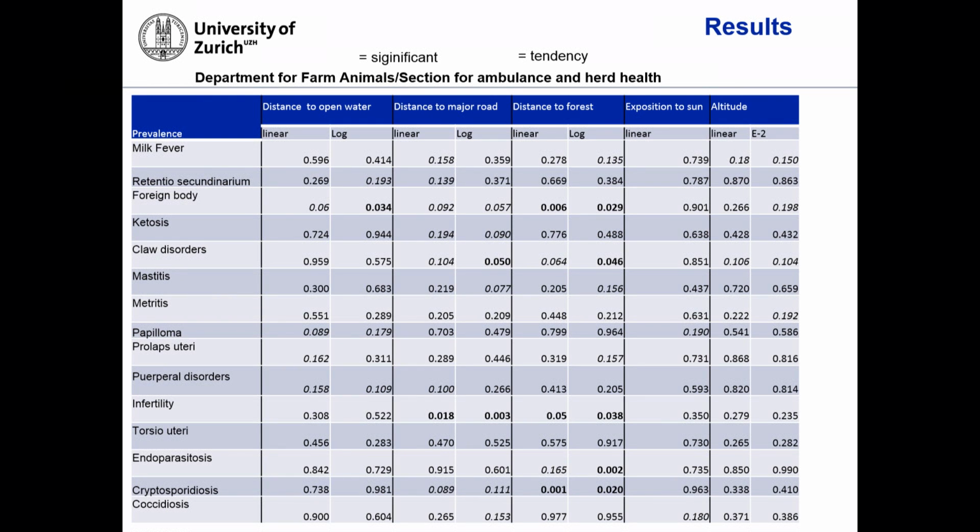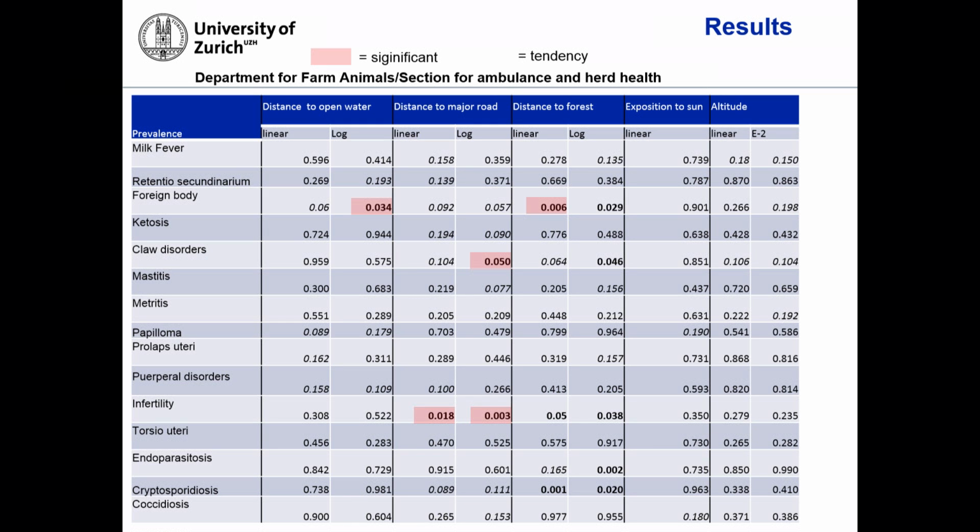Now, what are the results? The distance to open water was significant for foreign bodies. The distance to major road was significant for claw disorders and for infertility, either linear or the log of the distance to the next road.